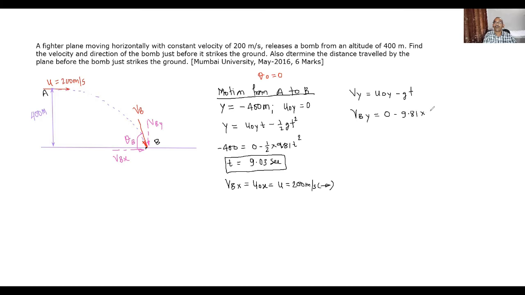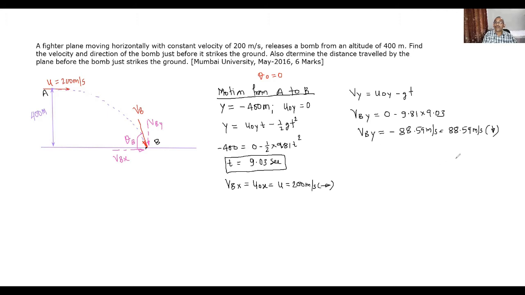Time t you have calculated as 9.03. Therefore Vby, the vertical component of velocity, if you calculate, comes out to be 88.59 meters per second. The answer is negative, which means this is in the downward direction.